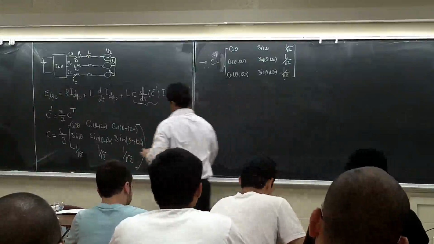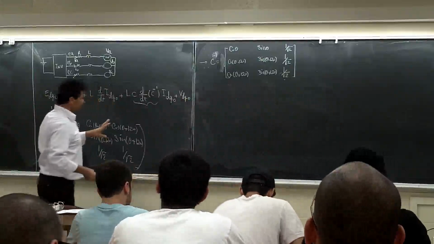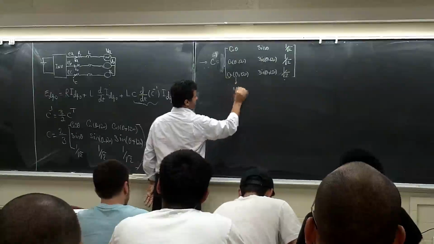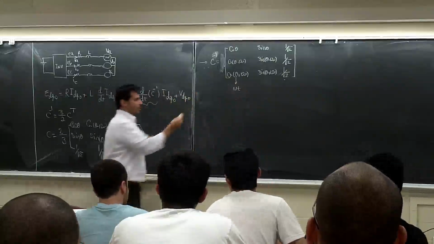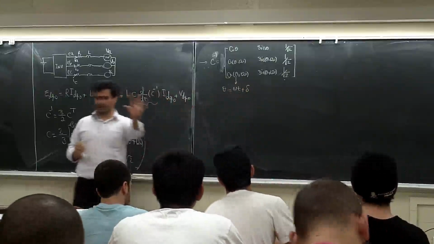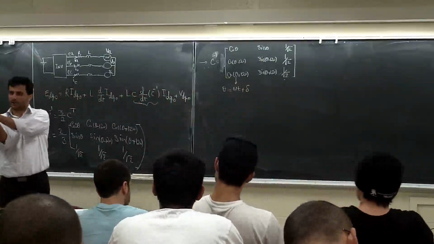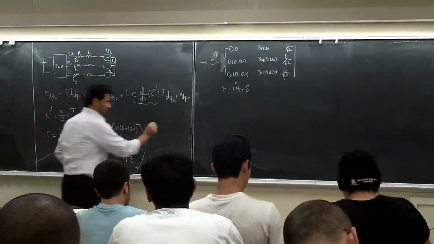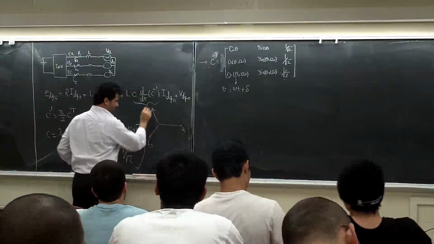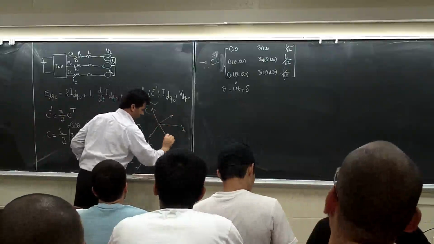So, now, theta is omega t, right? Theta is omega t, right? Basically, omega t, if you're going to look at it, plus delta. Delta is where these angles are, right? We said this is A, B, C, for example, and this is a D, this is a Q, right?